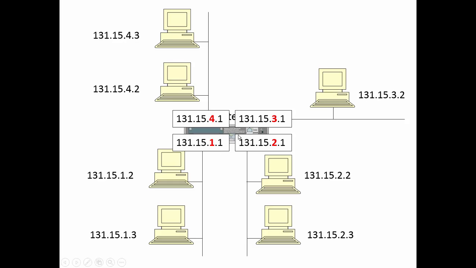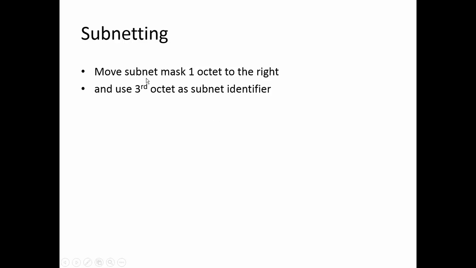So this is subnet 1, subnet 2, subnet 3, and subnet 4. And this is what subnetting is all about. In subnetting, we move the subnet mask to the right and then use the third octet as the subnet identifier.